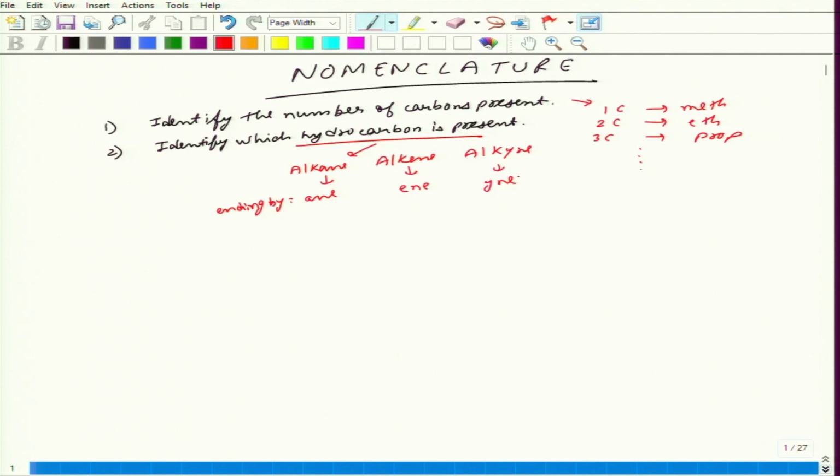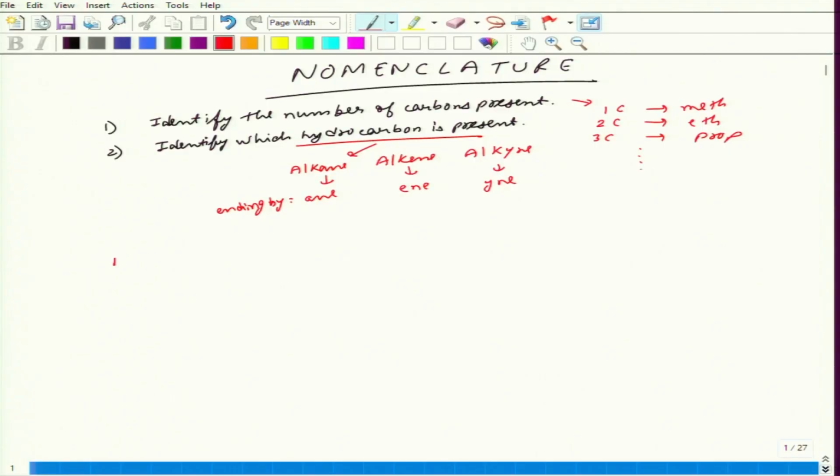So, these were the basic rules I have already taught about how we can give names to the different members of the hydrocarbons. But till now I have only discussed by molecular formula, or a straight chain. There can be some branches, and then the name of that hydrocarbon can change. How that takes place, we will discuss in today's class.